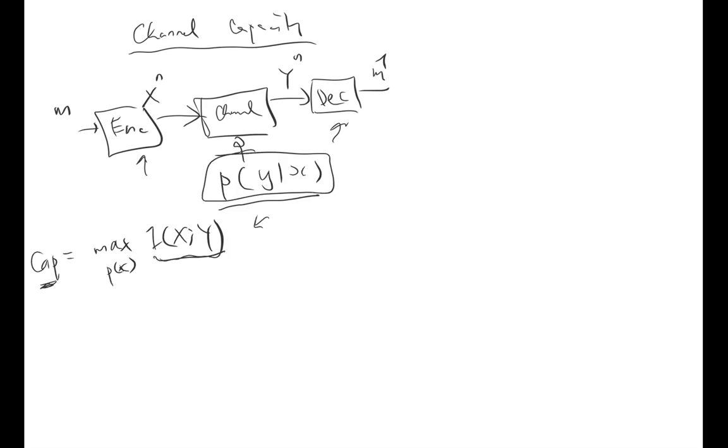So we have a forward proof: we will find a scheme such that we can send at the rate of the capacity, right?